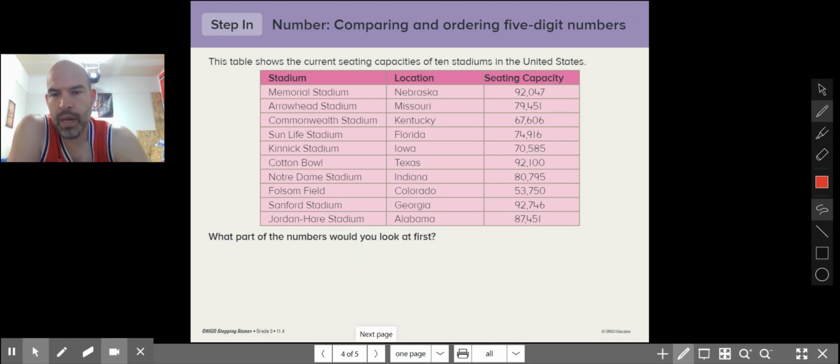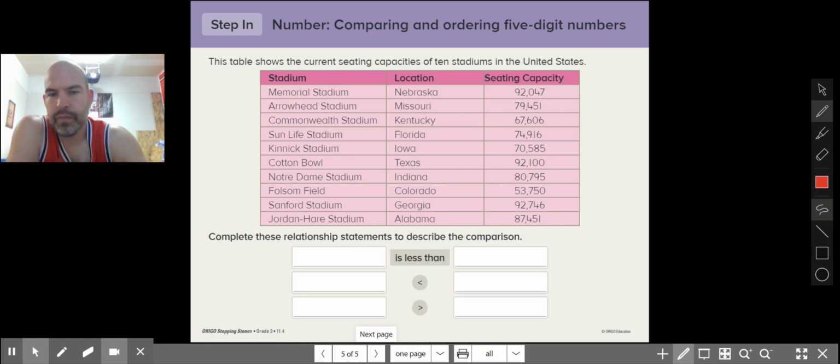And what part of the number would you look at first? We just discussed that. And complete the relationship statements to describe the comparison. Blank is less than blank, all right? So we would say Iowa. Hang on a second, I misspelled that. There we go.